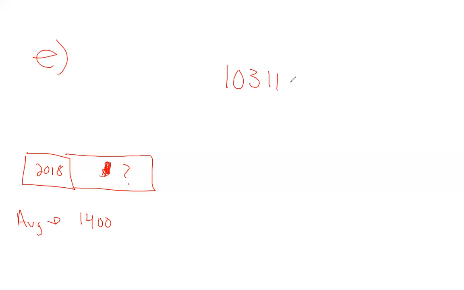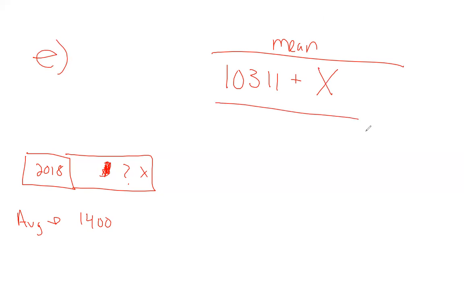But we have one more year to include for this mean, and we don't know what that is yet, so we're going to call it X. So 10,311 plus X, divided by how many years from 2010 to 2018? 1, 2, 3, 4, 5, 6, 7, 8, plus that next extra year, 9. And we want it to equal 1,400. So now we have an algebra problem where we have to solve for X.